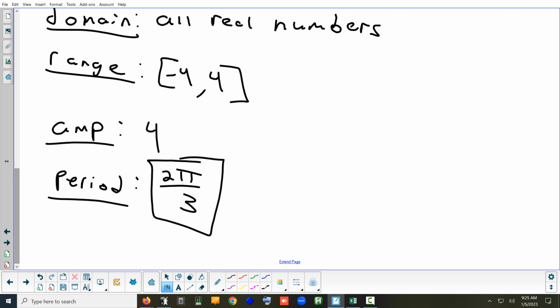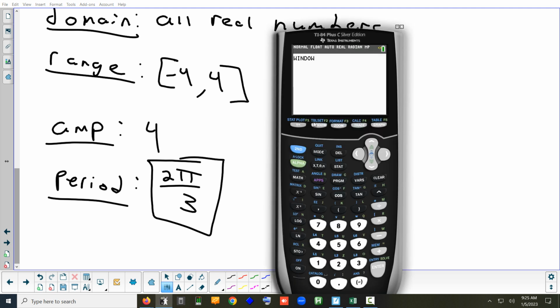So set your window so it's exactly twice as wide as 2 pi over 3. Just put in 4 pi over 3, hit graph, and now you'll see exactly 2 cycles. So you can change how many cycles you see on the screen by basing the width of the window on the number that's the period.